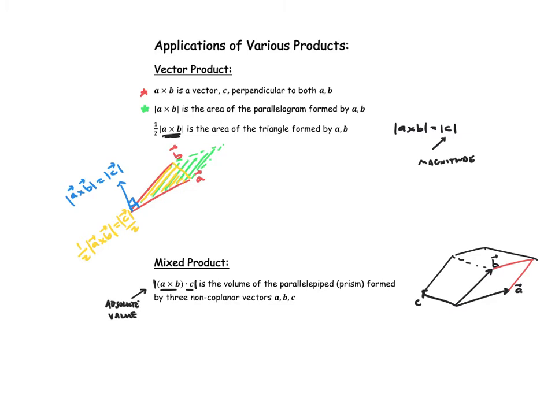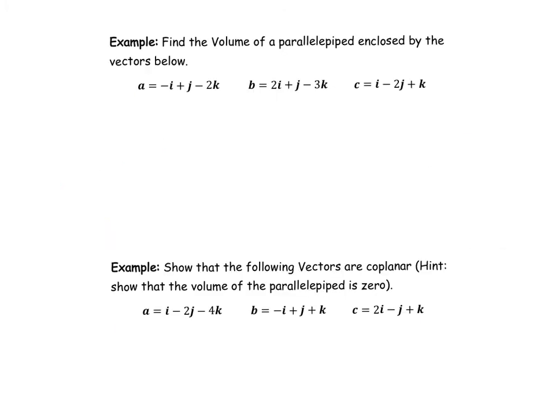And here will be your prism. That'd be the prism you're finding the volume of. It's really actually an amazing thing. The mixed product does some pretty cool work for you when you take the absolute value of its result. Let's look at a practical example on the next slide.